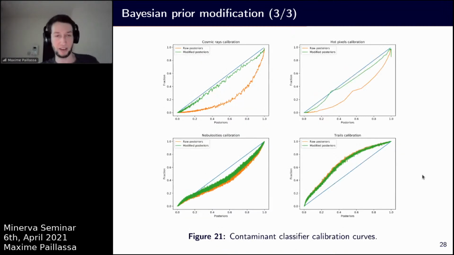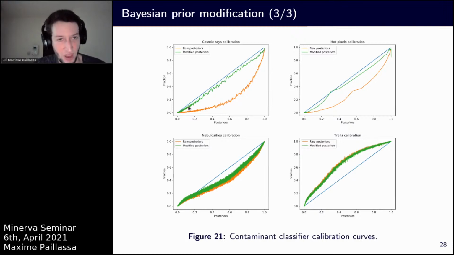And to verify that this Bayesian prior modification is correct, we can check calibration curves, where we represent the fraction of positive samples with respect to the probabilities of being positive. For example, here I represent for cosmic rays the raw posteriors in orange and the modified posteriors in green.